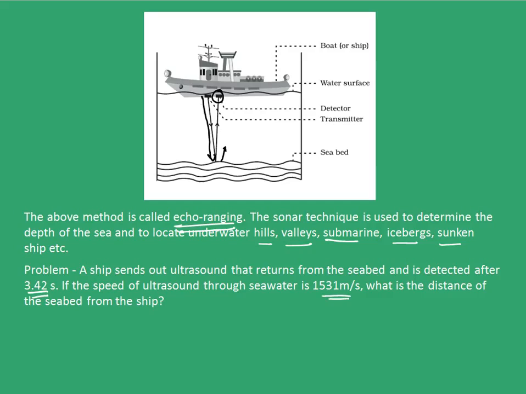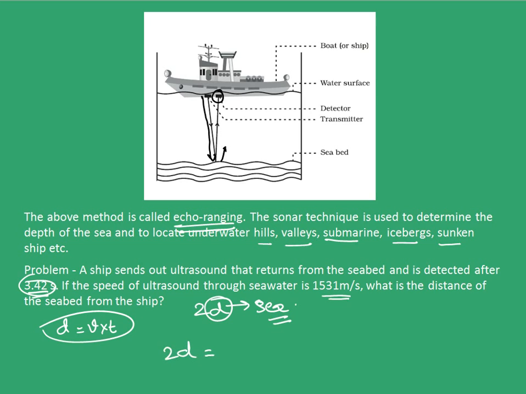Now the distance traveled is given by velocity times time. This 3.42 seconds is the total time taken by the ultrasound from getting transmitted to getting detected. Therefore, the distance it travels during this duration is, let's say, 2d, where d is the depth of the sea.